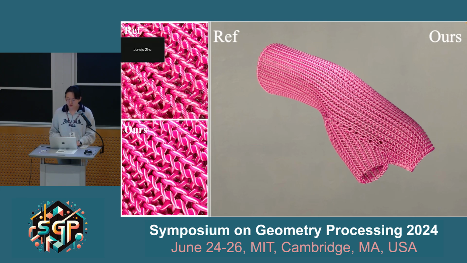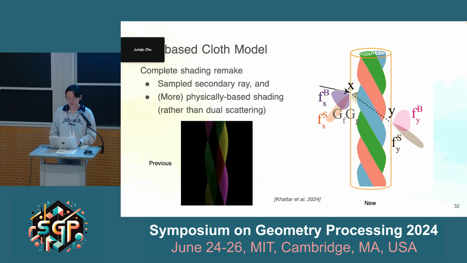In the far field, shown on the right, the proposed method closely resembles the reference, and the differences are hardly noticeable. However, in the near field shown on the left, this method does not visualize the fiber geometry explicitly, yet accurately captures the overall appearance by taking into account the fiber statistics.